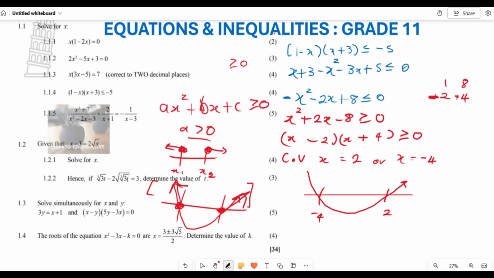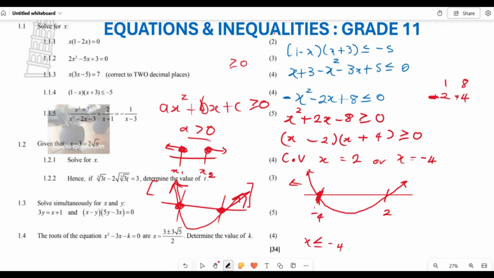So when I'm drawing my graph, it is going to look simply like this. When we are saying this is greater than 0 or greater or equals to 0, can you see this is where x is lesser or equals to -4, because starting from -4 moving this way, the function is indeed greater than 0, right?